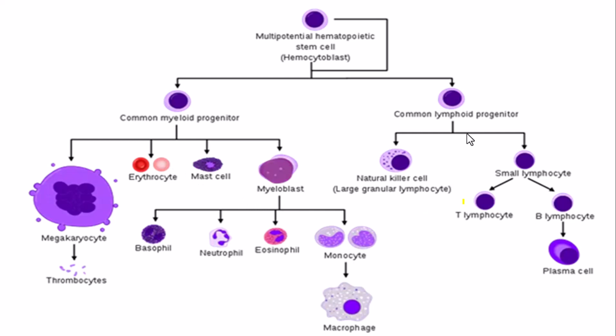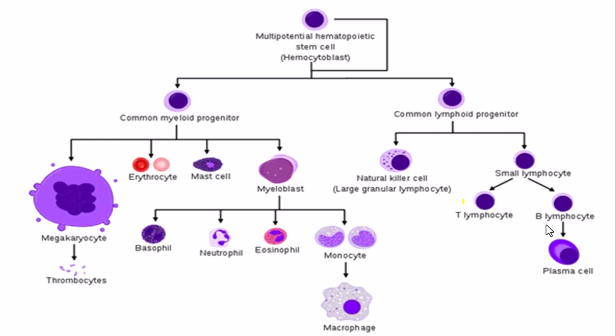On the other hand, it differentiates into the common lymphoid progenitor, which produces either natural killer cells or small lymphocytes. These lymphocytes then produce T cells or B cells.